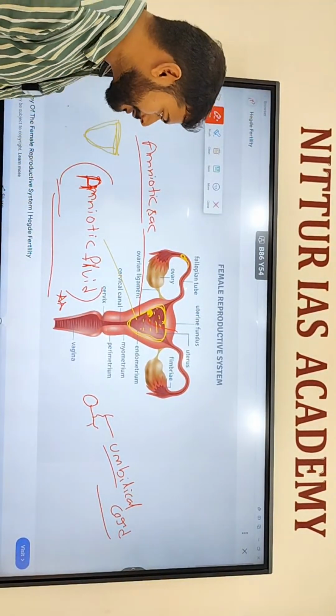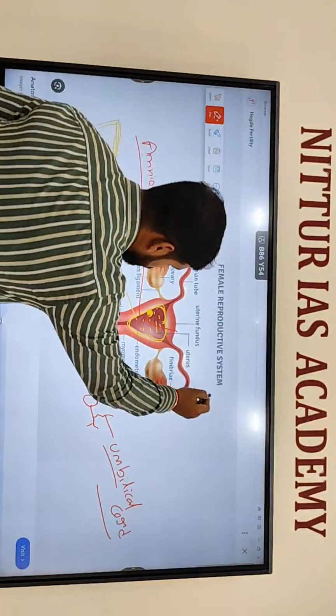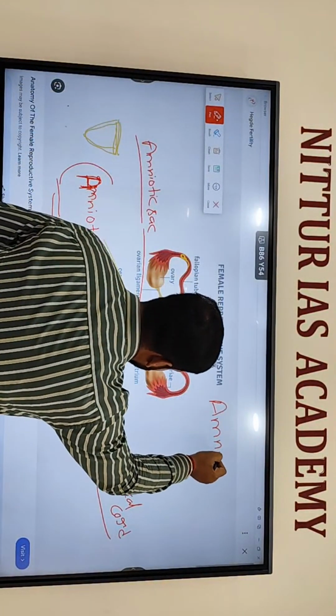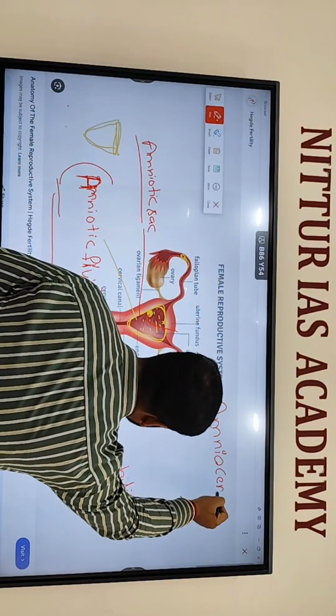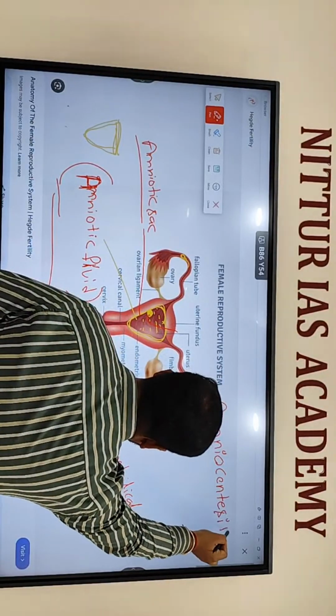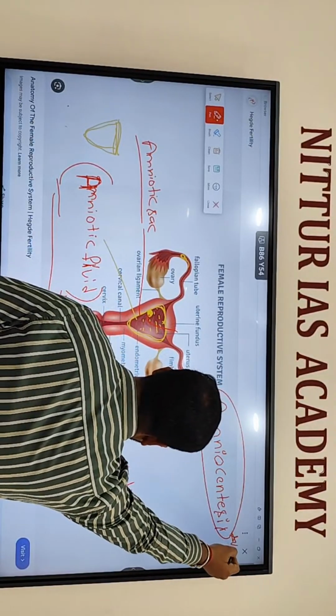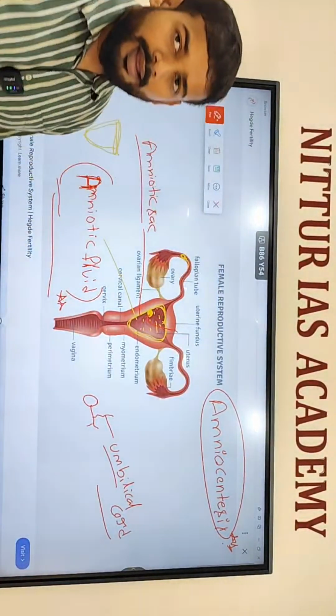And there is a special test called amniocentesis. In an examination, they have asked regarding this amniocentesis.